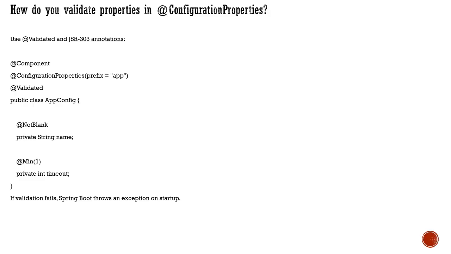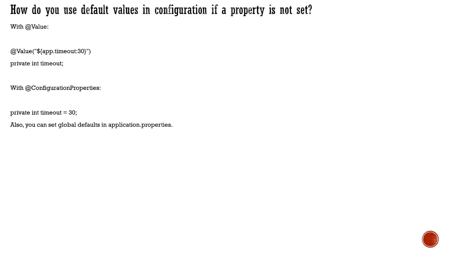Let's say you want the string name to be @NotBlank, or you want the timer to be defined with a minimum of one. If these validations fail, your application will throw an exception at startup itself, and your application will not start up. So these are very important, that this validation has to happen at the configuration level.